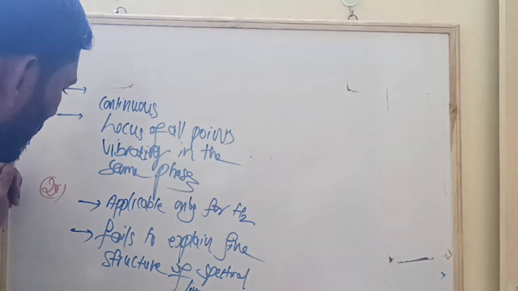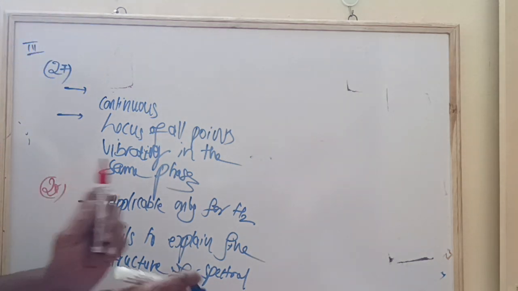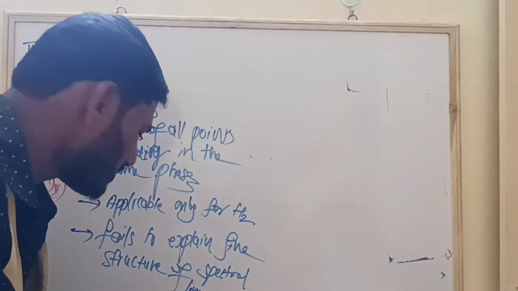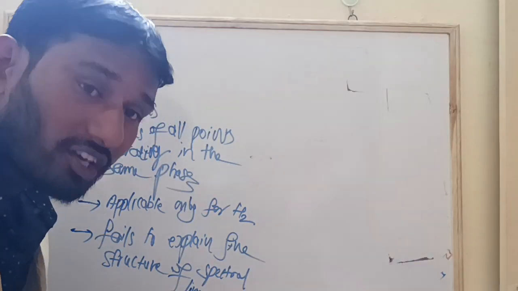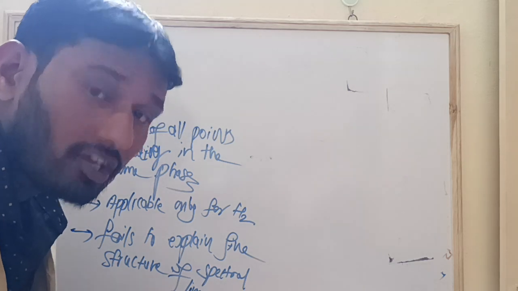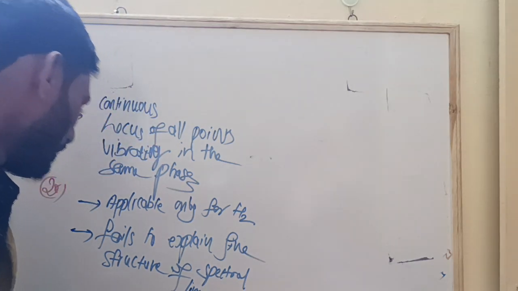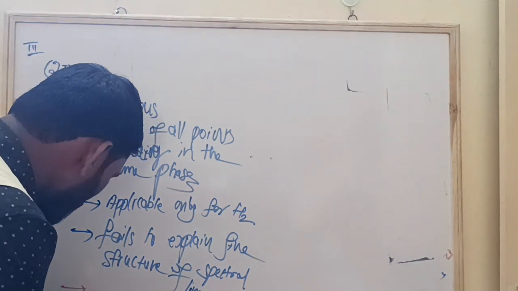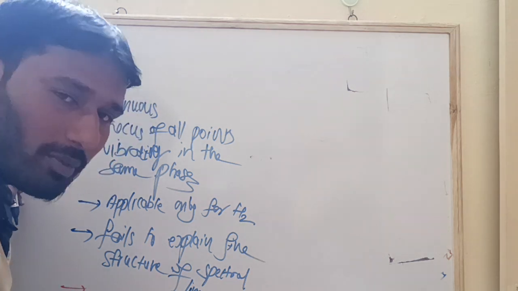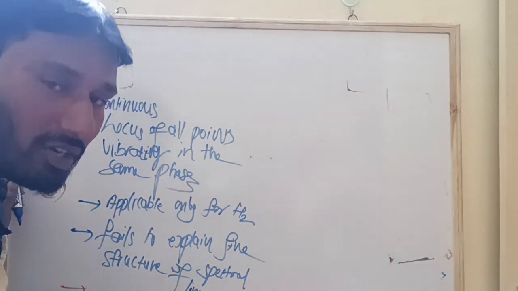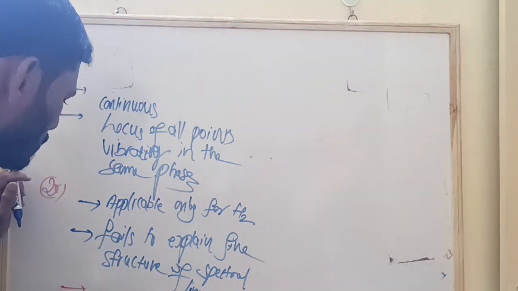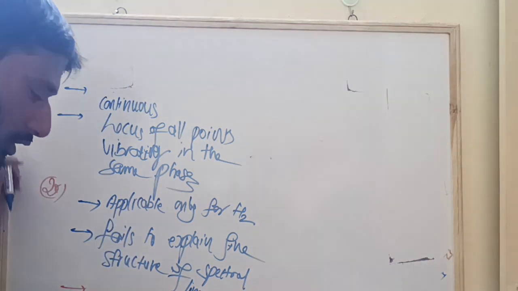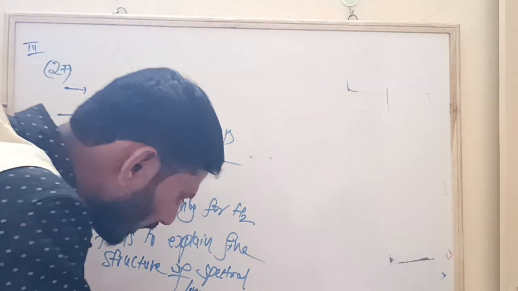In chemistry also it will come, Bohr's atomic theory postulates and these drawbacks, limitations, and demerits, all are the same only. And it fails to explain the stability of orbits, stable orbits. Any two, you can write the first two. That is question number 28.